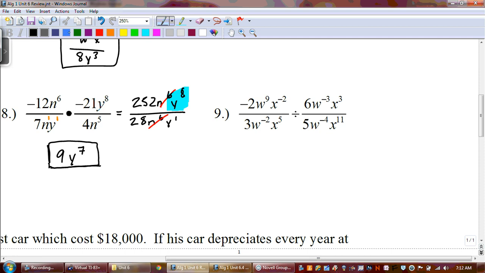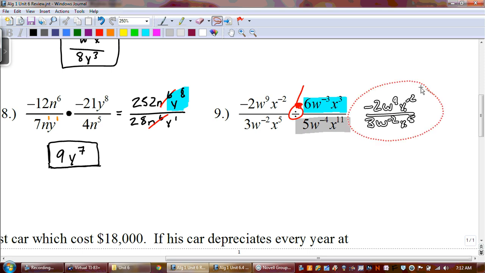All right, number 9. The first thing I see about number 9 is division. When we have division, we want to multiply by the reciprocal. So we have to flip that second fraction. So we have negative 2w to the 9th x to the negative 2nd over 3w to the negative 2 x to the 5th.